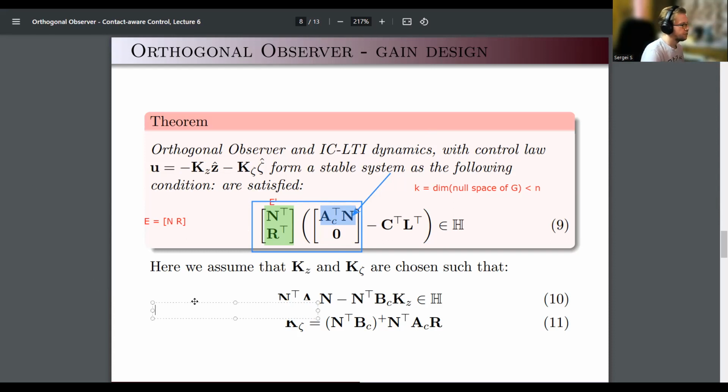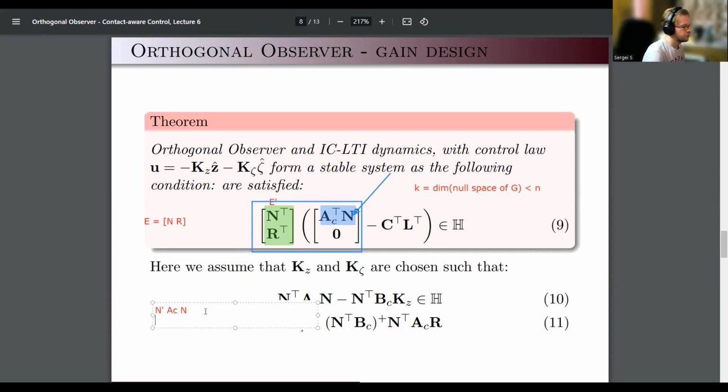If we open it up, we'll first multiply this N here. So we'll get N transpose A C N. That is the first row.